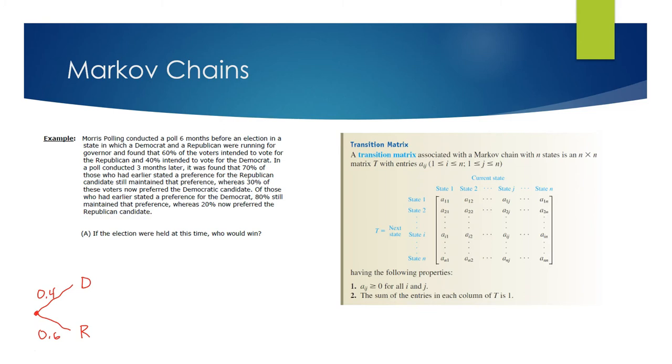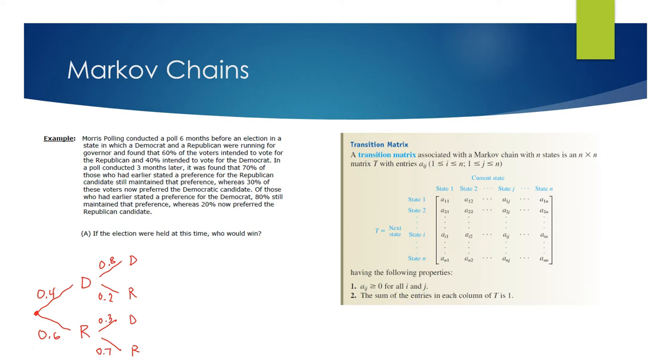Originally, we had a split of 40% to 60% for Democrats and Republicans, respectively. Based on the description, of those who voted Democratic, 80% still vote Democratic and 20% now vote Republican. For those who were voting Republican before, 30% have changed to Democrat and 70% stayed Republican.